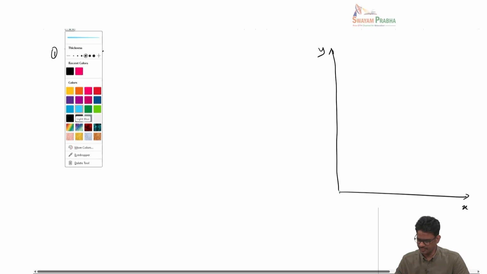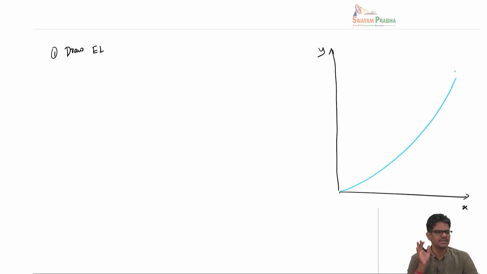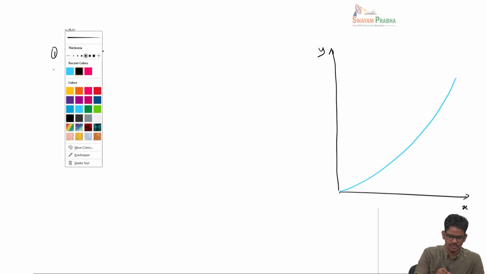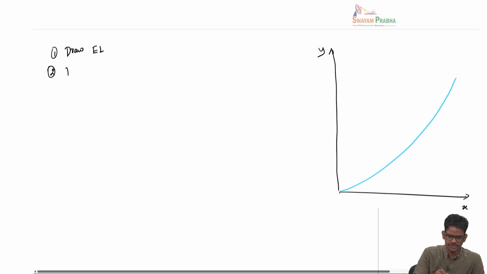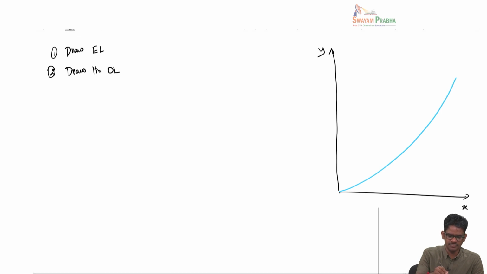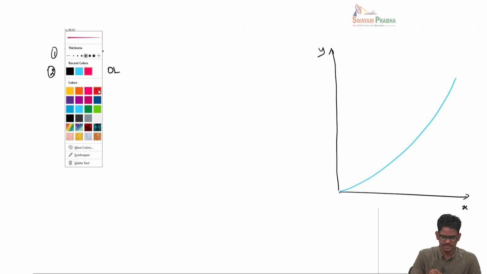So this is my equilibrium line, and it's not necessarily a straight line. It can be curved also. Step 2. Draw the operating line. An operating line comes from the mole balance, and I will draw something like this.